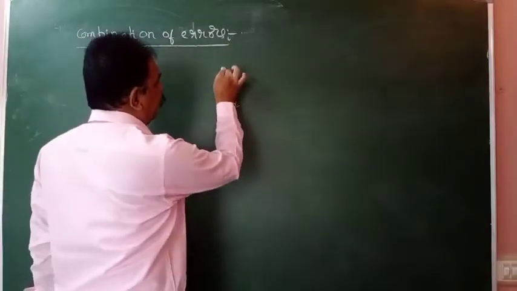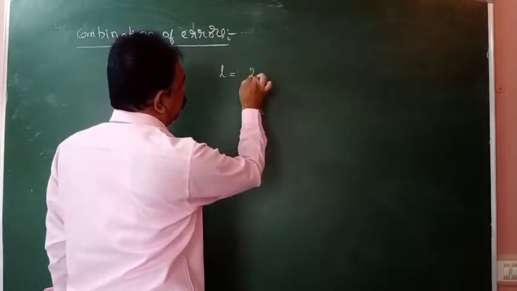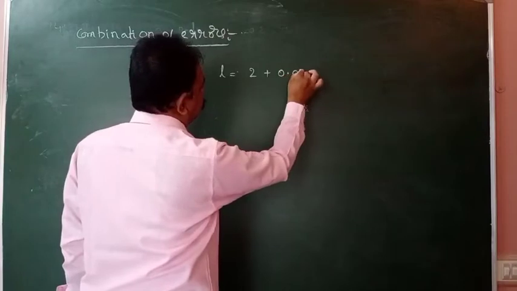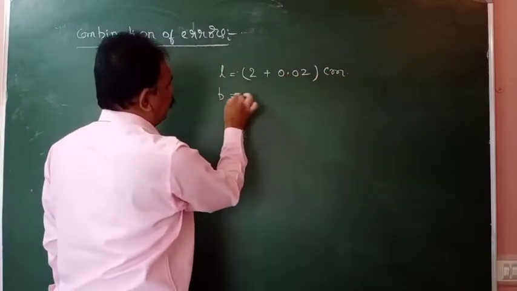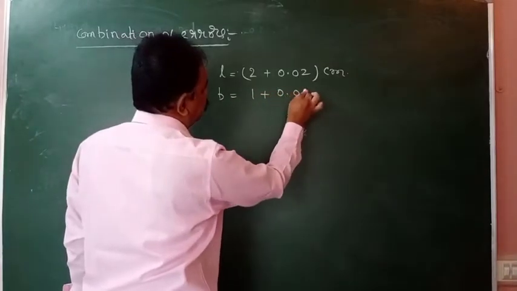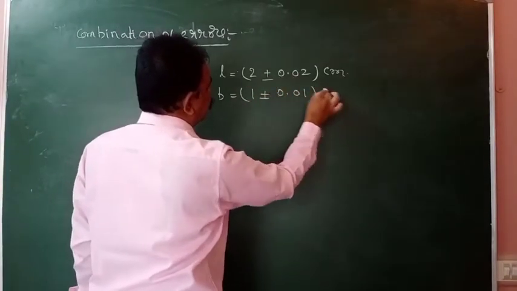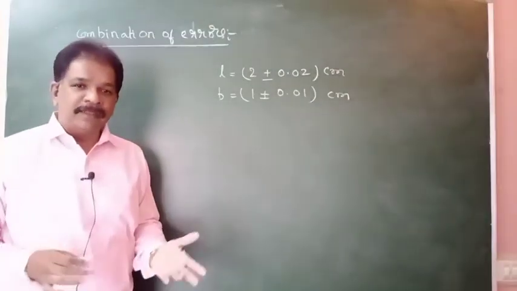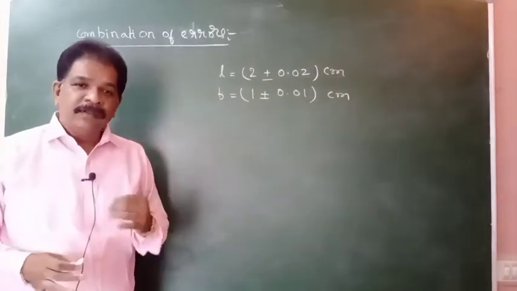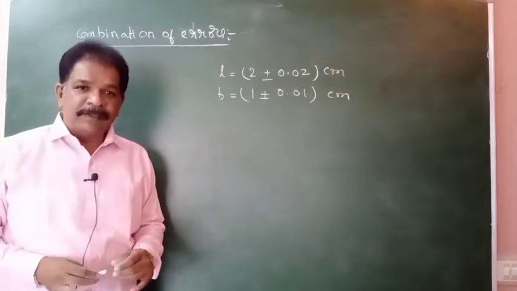The length of a metal plate is 2 plus or minus 0.02 centimeter. Its breadth is 1 plus or minus 0.01 centimeter. Find the area. The length of a metal plate is given. The breadth of the metal plate is given.